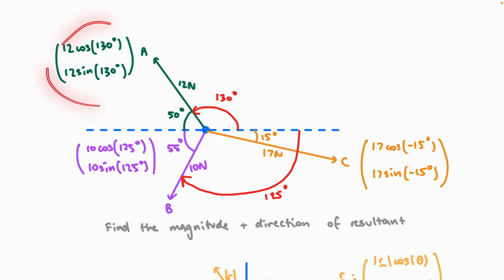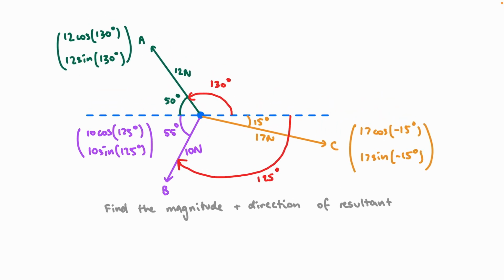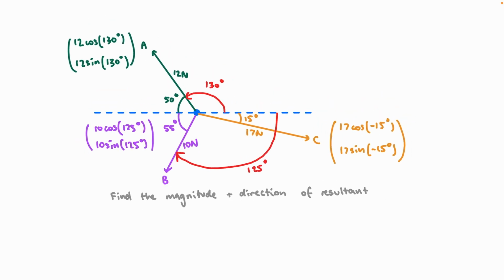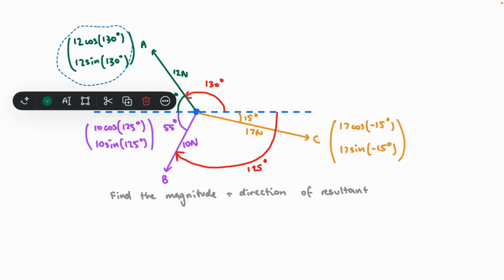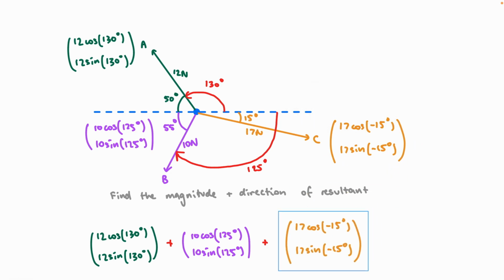So now we have all three of these in component form, and our goal is to work out the resultant vector. To do that, we can simply add all three vectors: vector A plus vector B plus vector C. And this will give us our resultant vector.